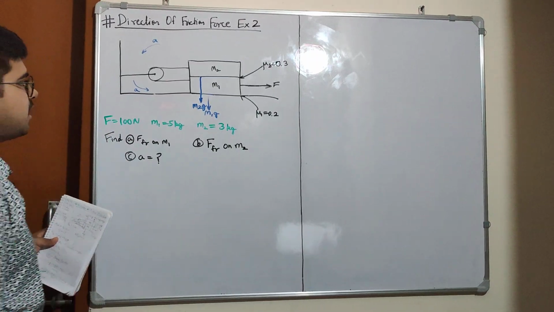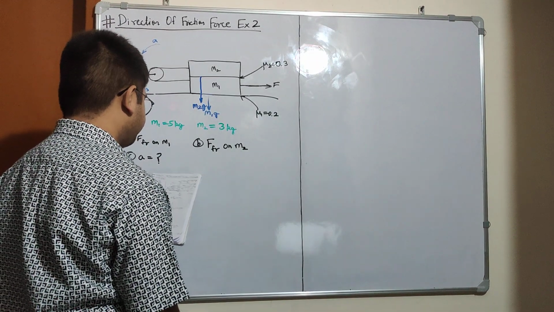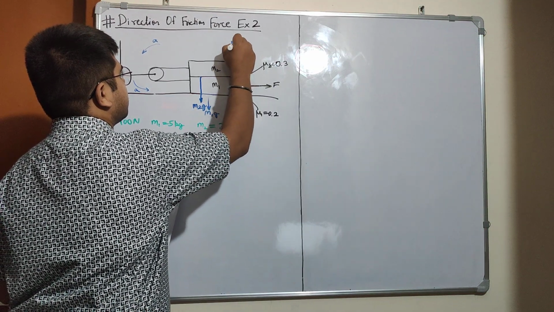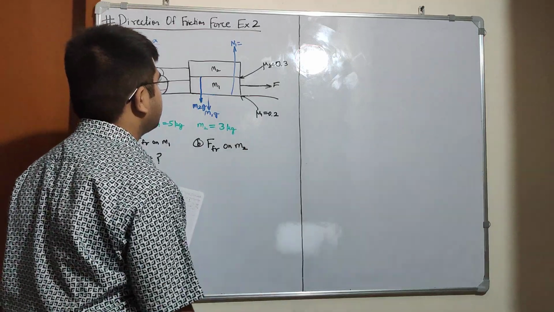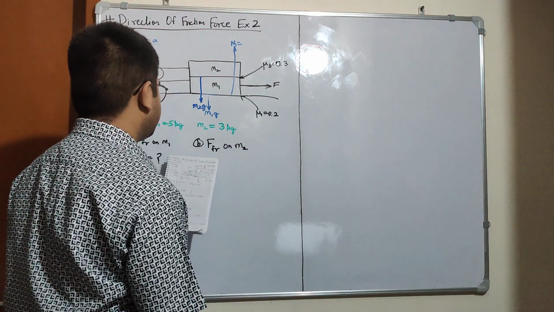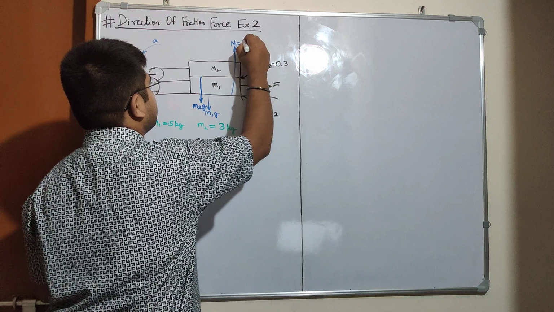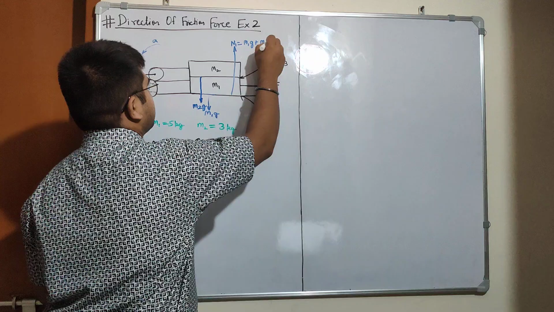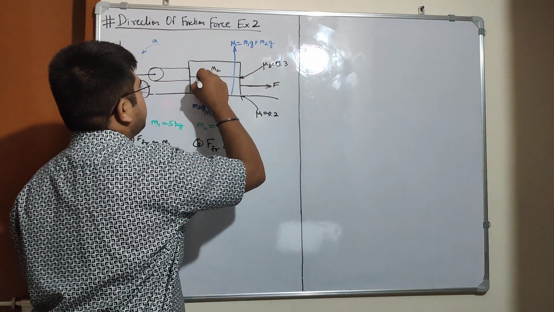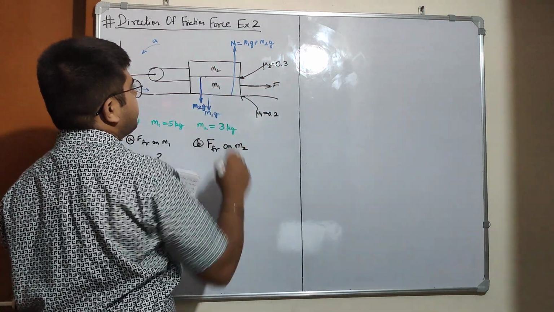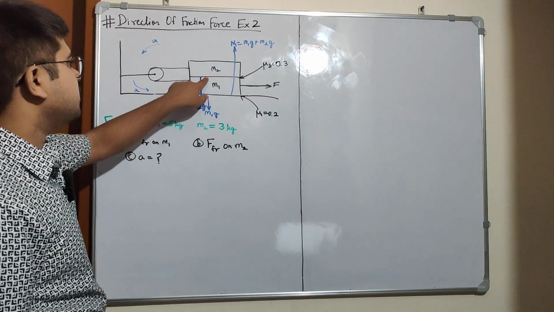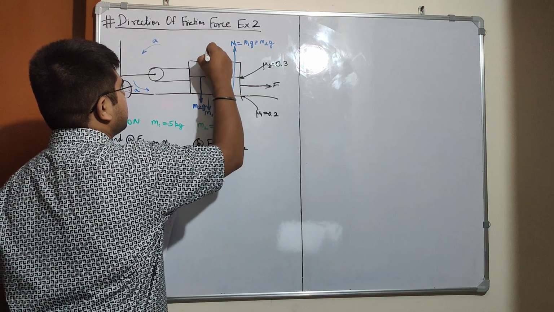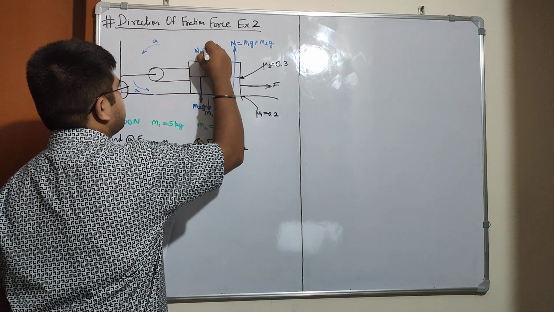Then we'll have a normal reaction N1 in this direction, which will be equal to m1g plus m2g. And we'll have another normal reaction given by this surface here, which will be equal to m2g. N2 is equal to m2g.